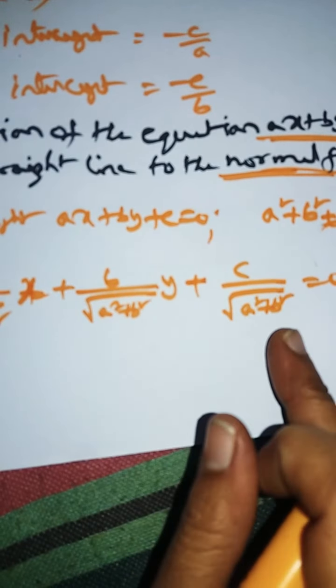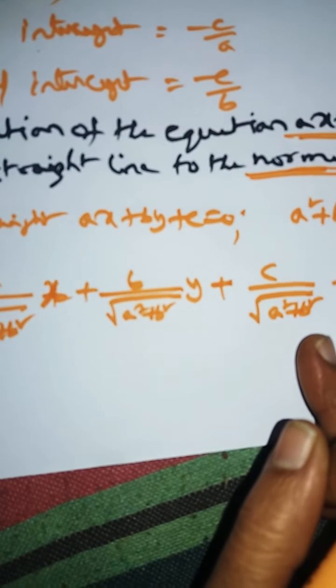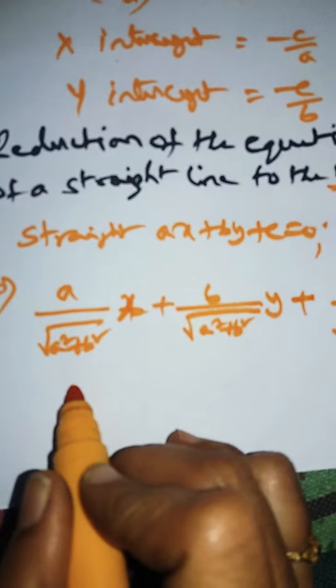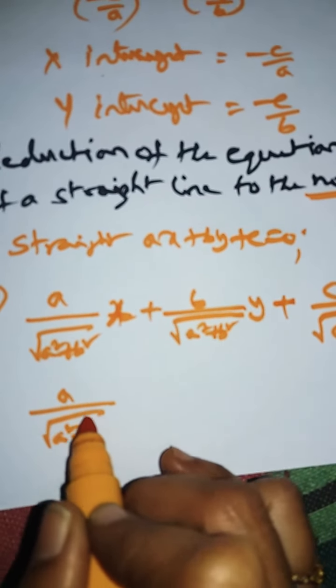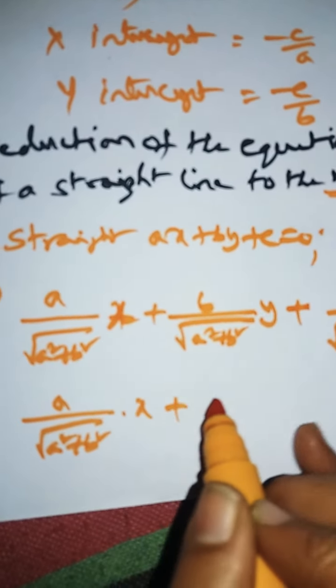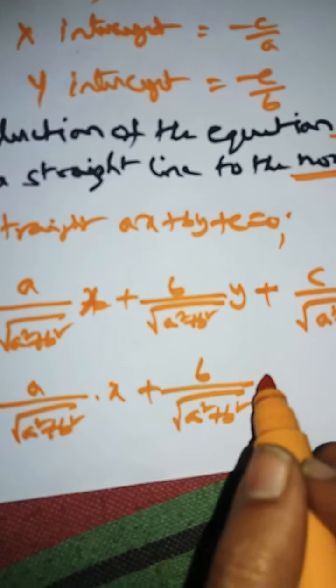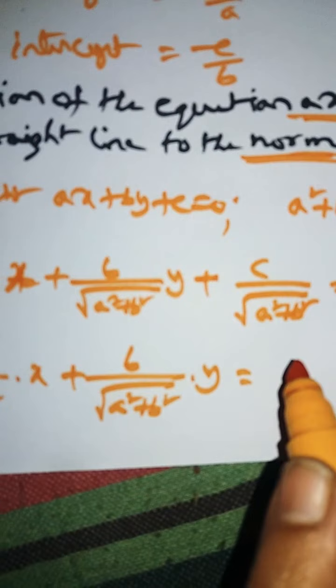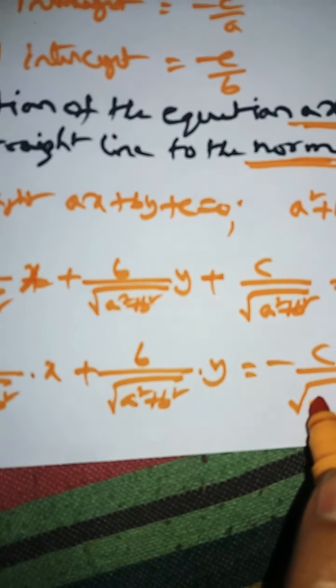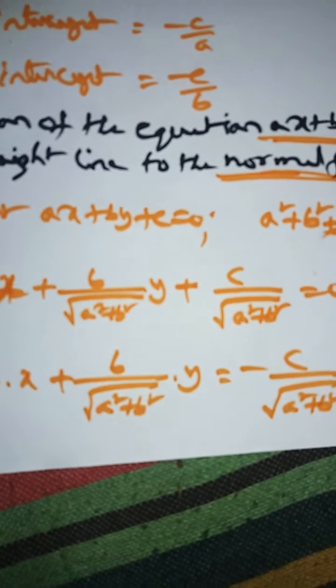Now send plus c by root of a square plus b square to RHS. We will get a by root of a square plus b square into x plus b by root of a square plus b square into y is equal to minus c by root of a square plus b square.